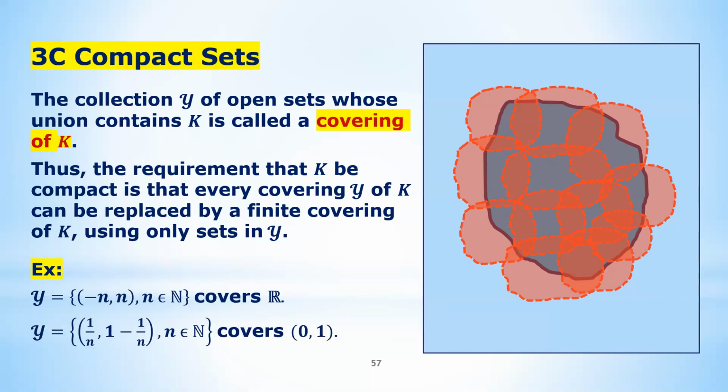Another example is the interval with left endpoint 1 over n and right endpoint 1 minus 1 over n. This is another family of open sets, and the whole union is going to cover 0 to 1. These are two important coverings, and I'm going to say something about them later.